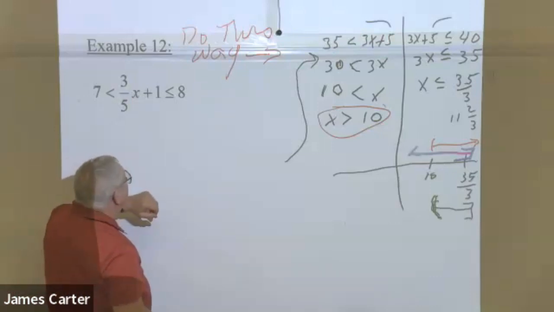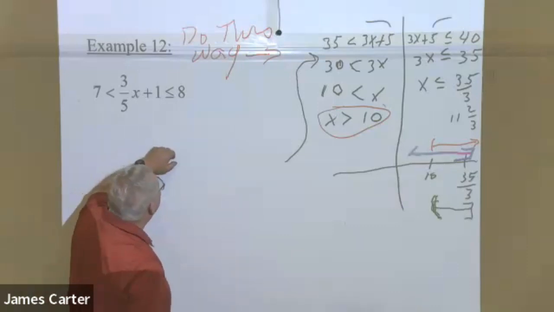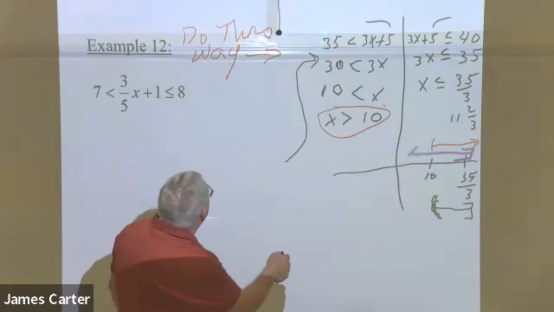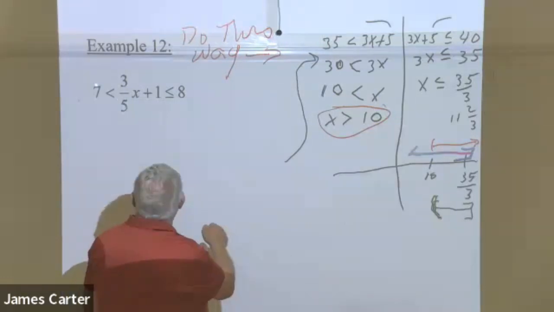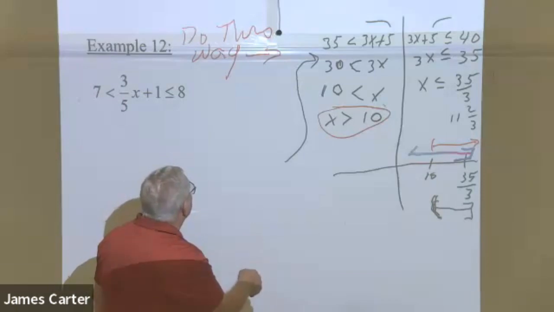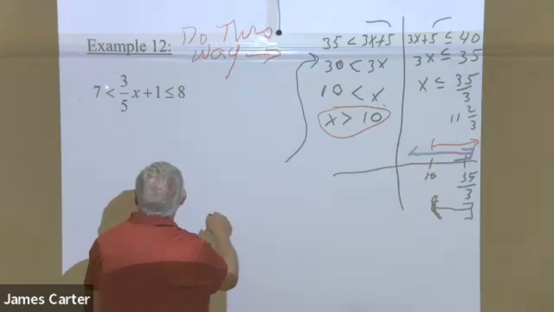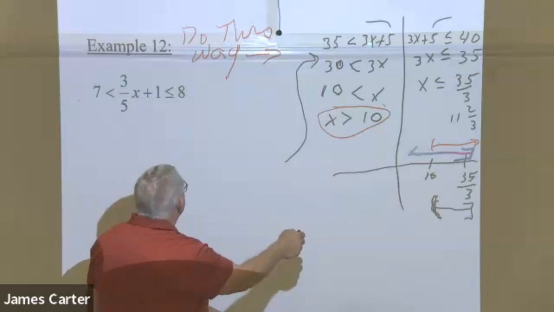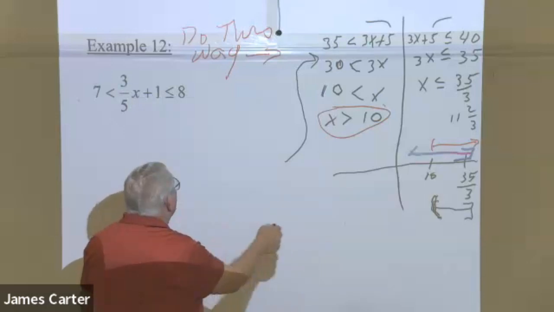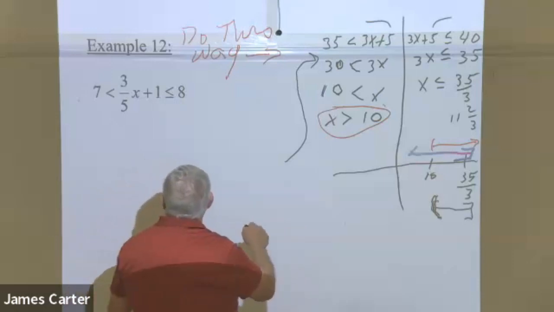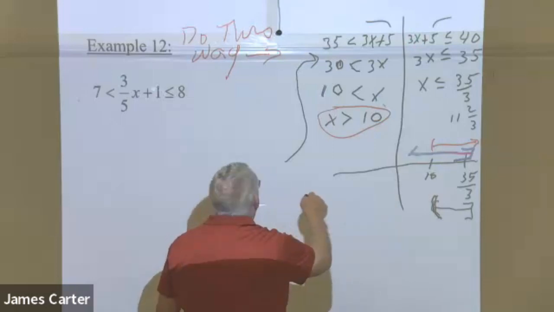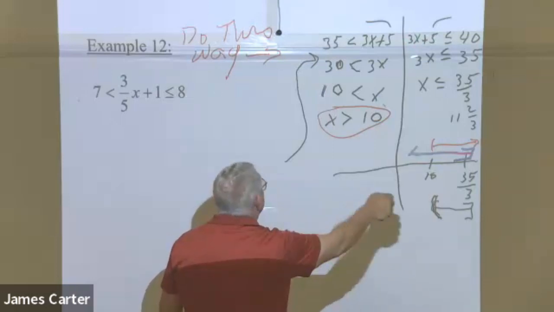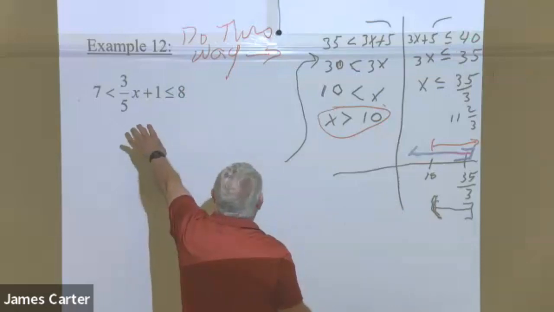What I also did is I multiplied everything by 5. 5 times 7 is 35. 5 times 3/5 is 3. 5 times 1 is 5. 5 times 3/5 is 3x. 5 times 1 and 5 times 8 is 40. I cleared the denominator.